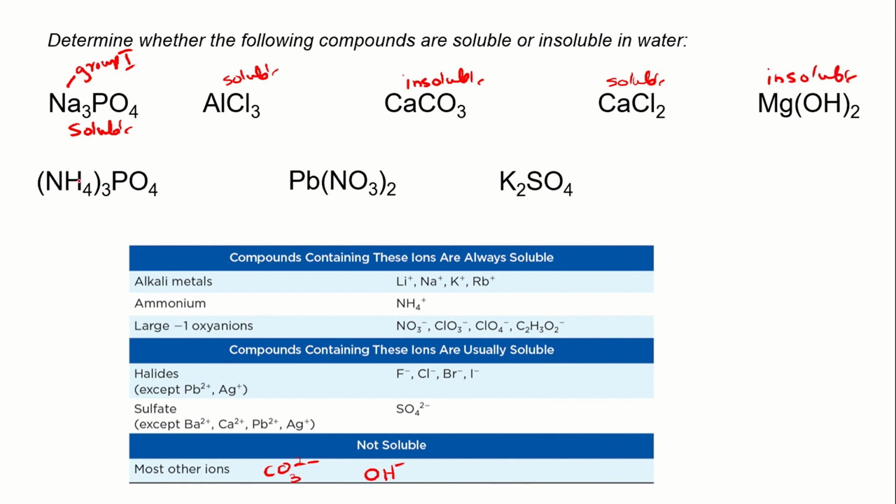Ammonium phosphate. Recall, the ammonium ion is always soluble. Lead nitrate. We have nitrate. Nitrate is always soluble. Potassium sulfate. We have potassium, which is group 1. Group 1 stuff is always soluble.